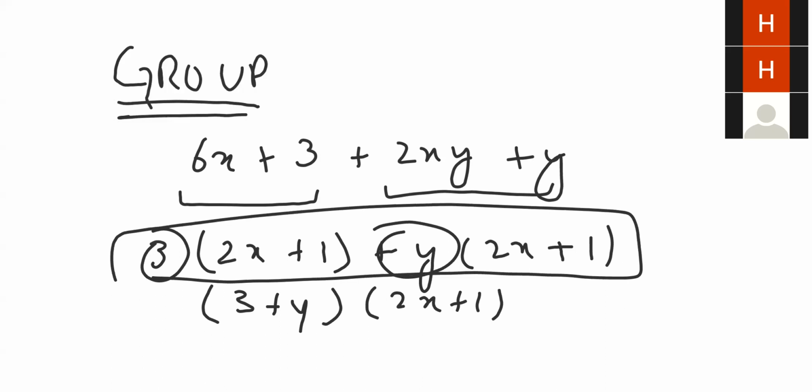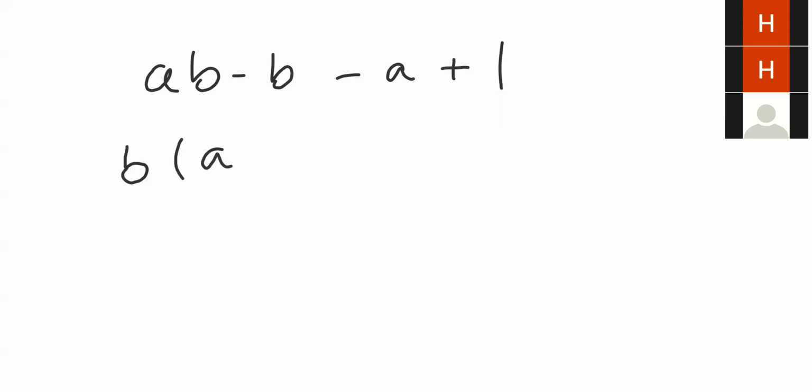Let's do another example for group factorization: ab minus b minus a plus 1. In the first two terms, we have our common factor, that is b, and we're left with a minus 1. In the second two, we don't have any common factor, so we're going to take our common as 1. Now, are we going to take the minus sign or the plus sign?